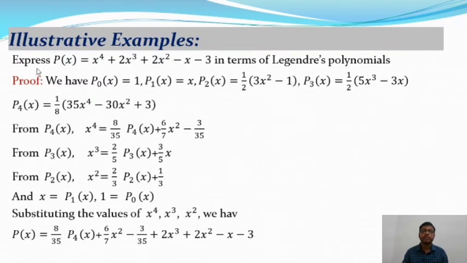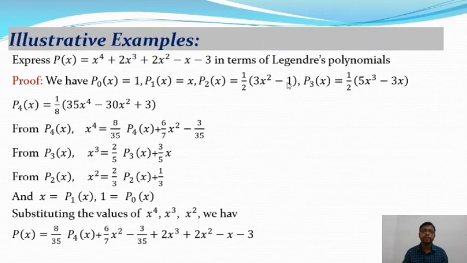So here is the example. Express p(x) equals x to the power 4 plus 2x to the power 3 plus 2x square minus x minus 3 in terms of Legendre polynomials. So we have P0(x), and these terms are all given. P0(x) is equal to 1, P1(x) is equal to x, P2(x) is equal to 1 by 2 into (3x square minus 1).